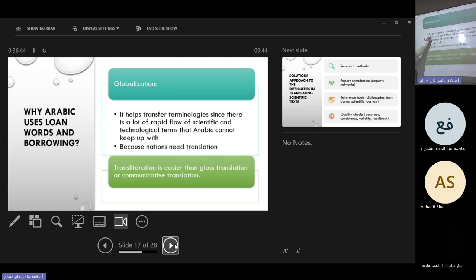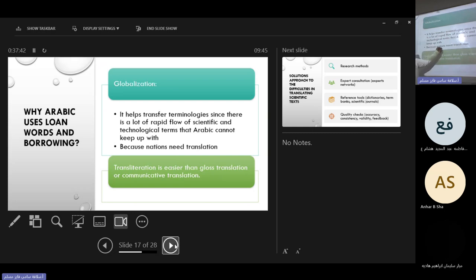Because of globalization, since it helps transfer terminology, and because there is a rapid development in science and technology that Arabic cannot keep up with. حكيت لكم في الزمانات that in order to accept a word or a translated word into the Arabic registry, there is a big committee that convenes every few years to check every new word and its translation that needs to be entered in the dictionary of the Arabic language. So it takes time to accept new words.